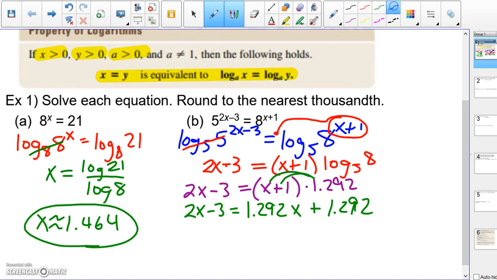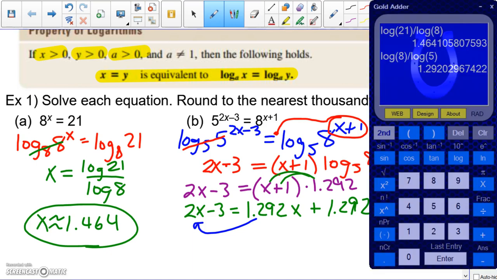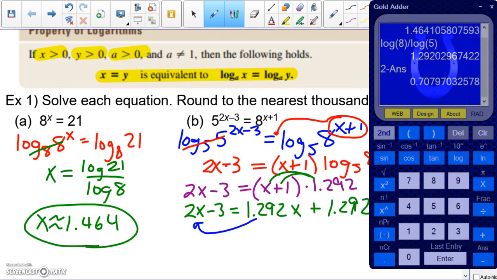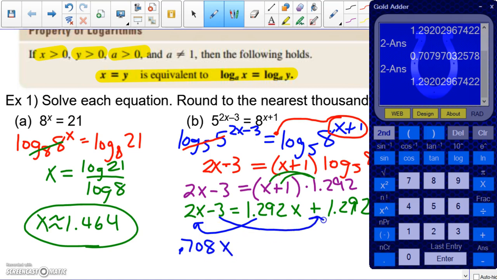I'm going to subtract 1.292x over to the other side. So 2x minus 1.292x is going to be, let's just subtract that answer from the calculator. That way we don't have to round. 0.708. And at the same time, I'm going to add the 3 over to the other side.